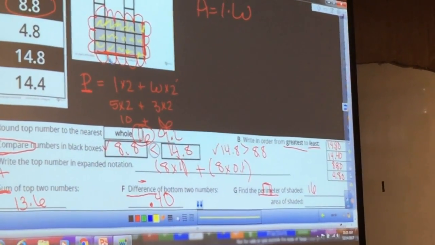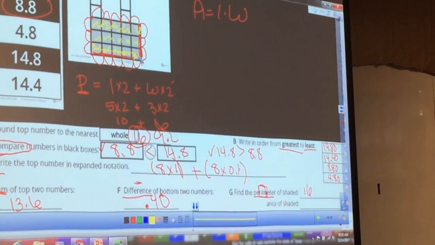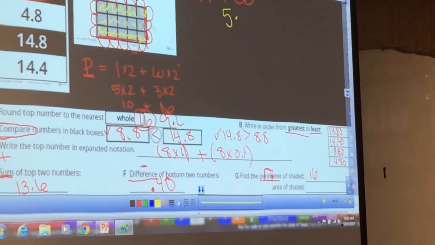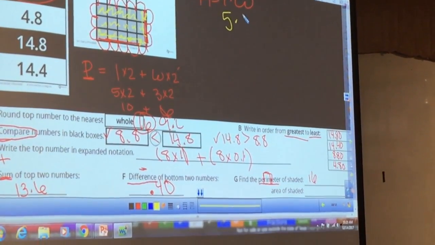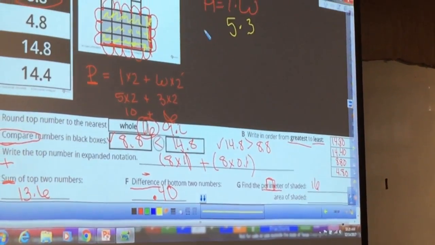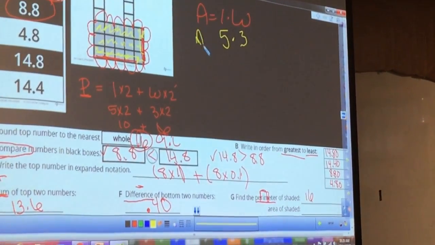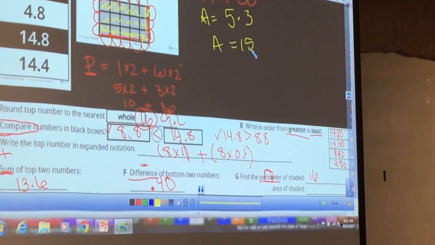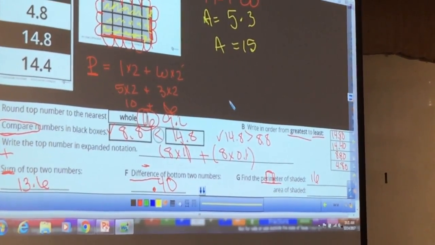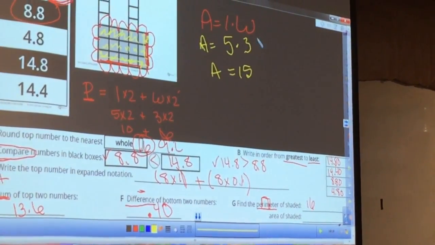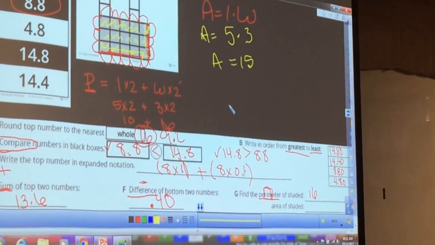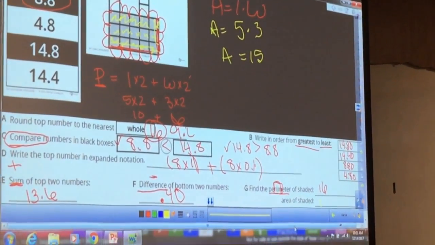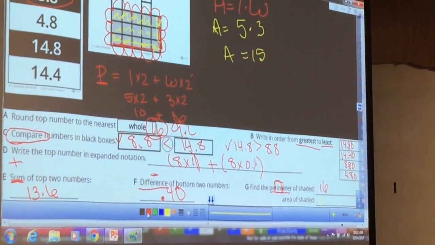Or I could do, the length is what? 5. The width is what? 3. And last time I checked, 5 times 3 is? 15. Yes. So is it going to give me the same answer? Yes. Okay? So whether you have boxes and you can count, or you need to use the formula, you need to do that. So the area of the shaded is what? 15.